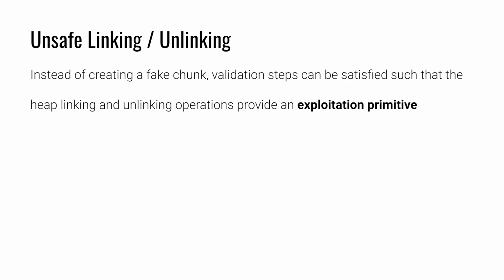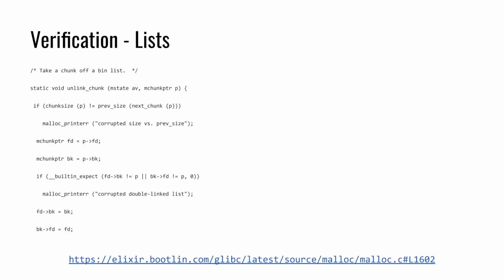And so this kind of brings us full circle. Now we're back looking at this unlink chunk function that was in the first lecture. If we look at these validation steps, there are a couple different types of validations occurring. The first validation looks at whether the chunk size of the current chunk being unlinked is equal to the previous size of the next chunk.